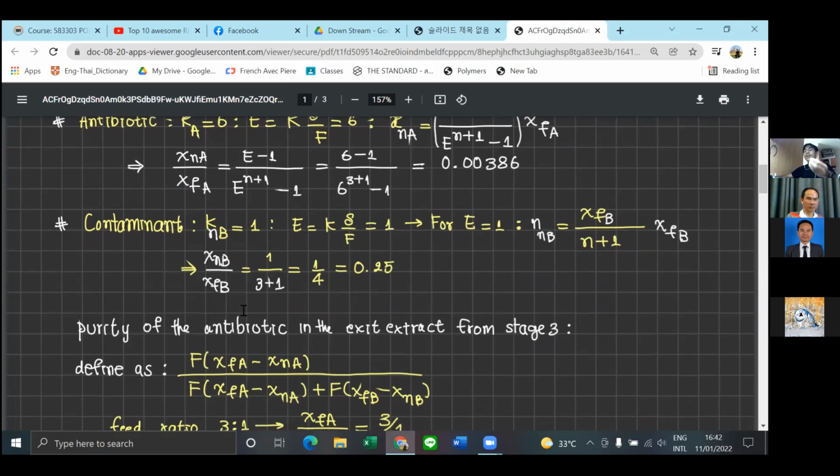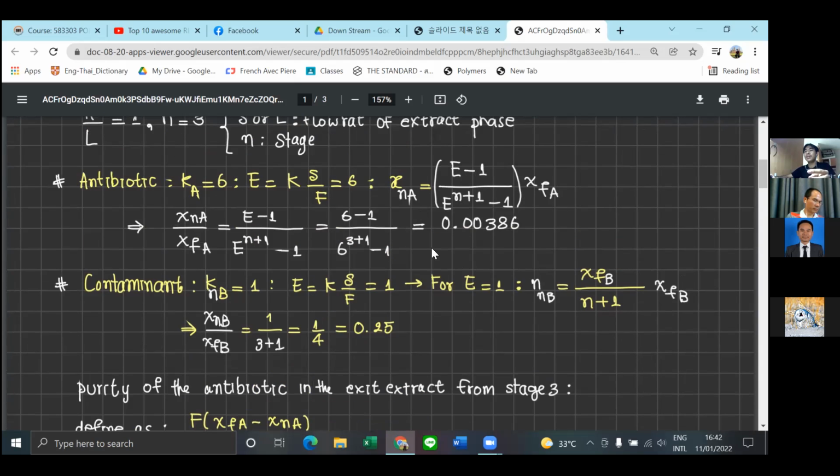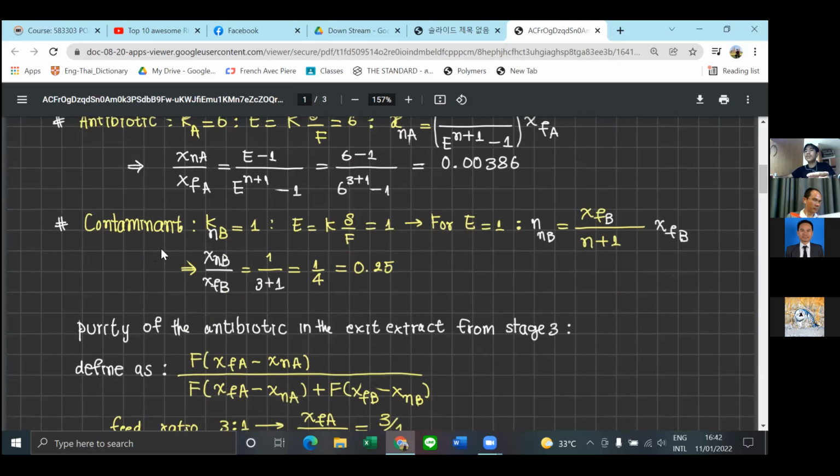And so we also consider the contaminant as well. When the partition coefficient of the contaminant is equal to 1, it's actually a special case. So if we use this equation, it's going to be infinity or something. So it's not like that. It's going to be a special case.